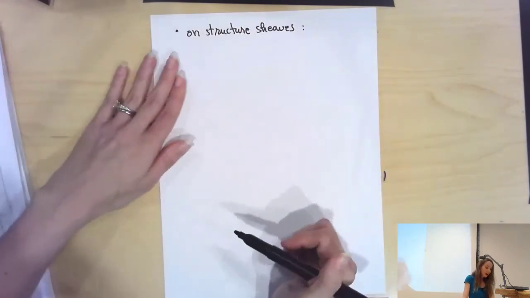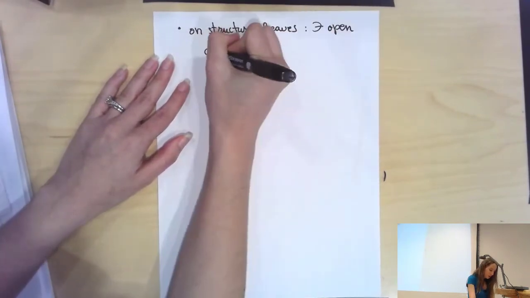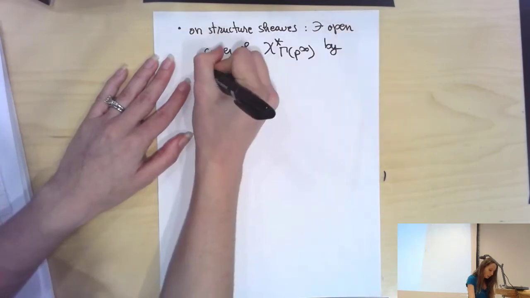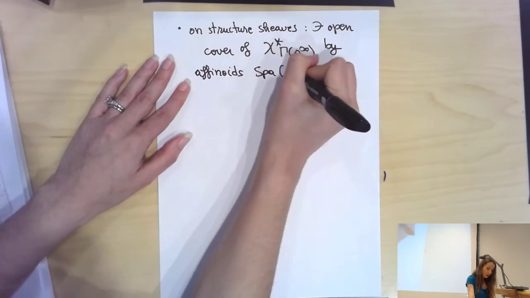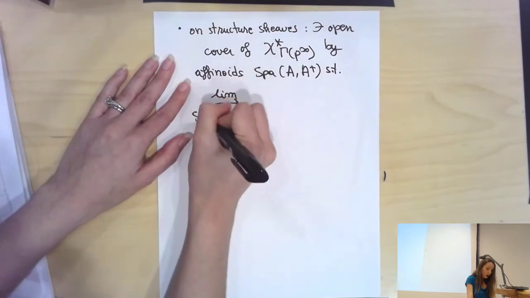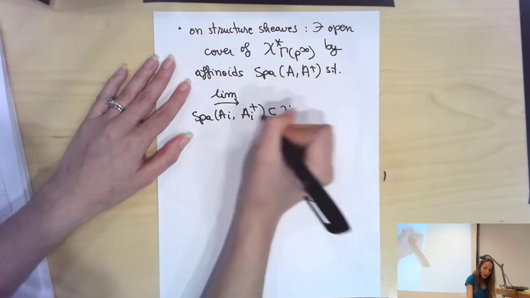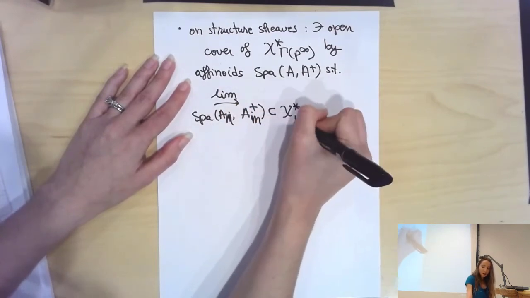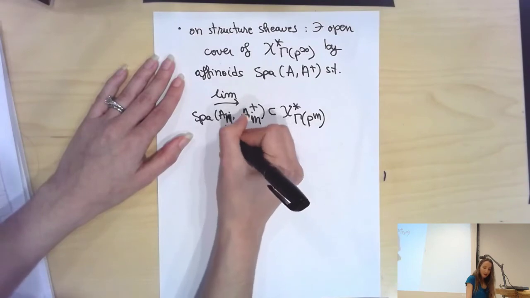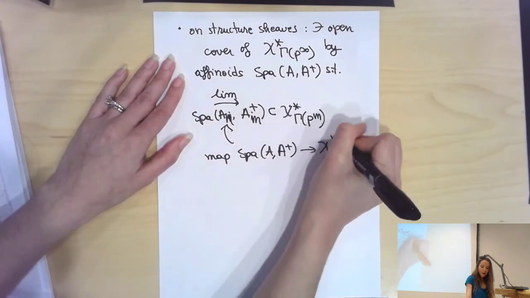So this is the sort of thing that you want to happen on the level of structure sheaves, but the way you want to do it is there exists an open cover of X star Gamma_p infinity by affinoids Spa of A, A plus, such that the direct limit, if you look at Spa of A_i, A_i plus contained inside, well, maybe A_m, it's more suggestive, inside X star Gamma_p to the m, where this is a direct limit over spaces such that the map from Spa A, A plus to finite level factors through these spaces.